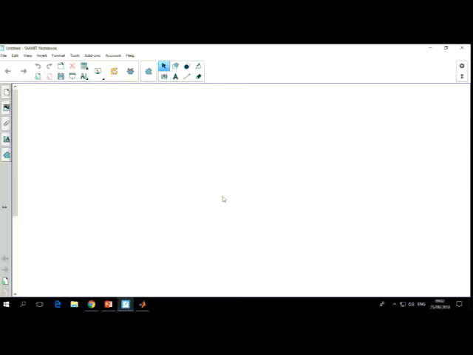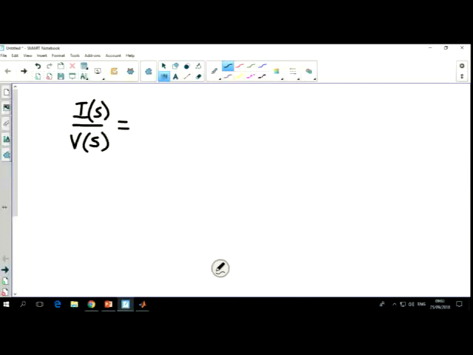Just grab my notes so I don't write the wrong one down. I don't want to do it from scratch again. I'm trying to remember what the equation was. But anyway, I think we ended up with an equation for the electrical one. I better get it right, I don't want to write the wrong equation down.